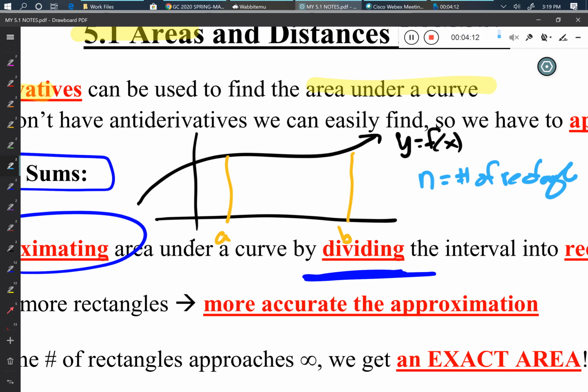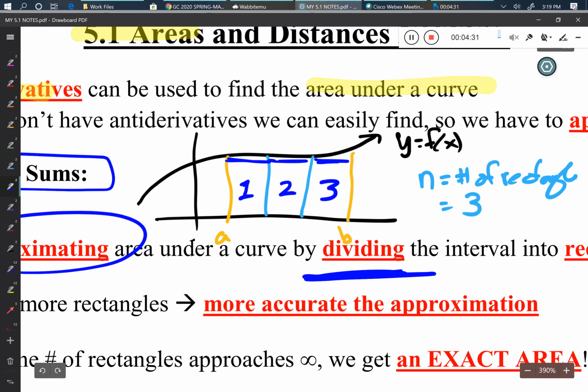And then you're going to come over here and say, okay, if they want me to break this up into, let's just make up one, let's say they want us to break this up into 3. I would divide this into 3 pieces. I'd square off the tops of them. I'd find the area of the first rectangle, the area of the second rectangle, the area of the third rectangle.